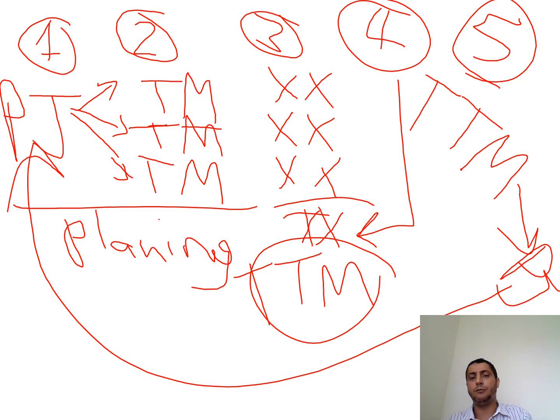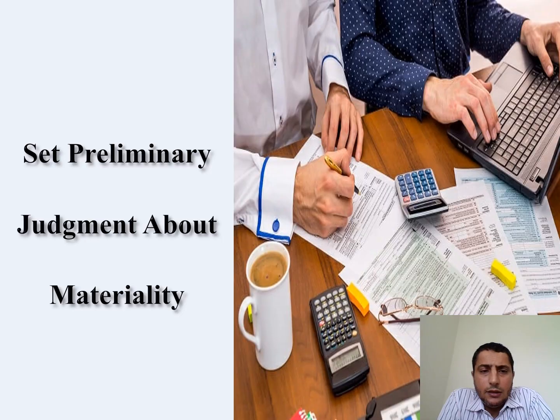And then in step 4, we combine those tolerable misstatements, and then we compare the combined tolerable misstatement with the preliminary judgment set up in step 1.